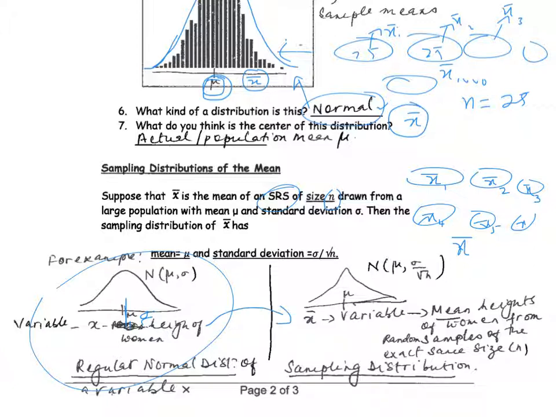We collect multiple samples of these measurements x, multiple samples of a fixed size, let's say n equals 25, from the population, and we find the mean of each of these samples, and that gives us many means. So the mean now becomes our new variable. Once we make a histogram, it shows the shape of the distribution, and you'll notice that the shape of the distribution is a normal bell-shaped distribution.